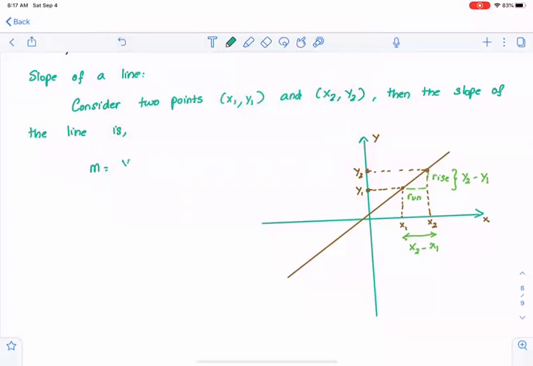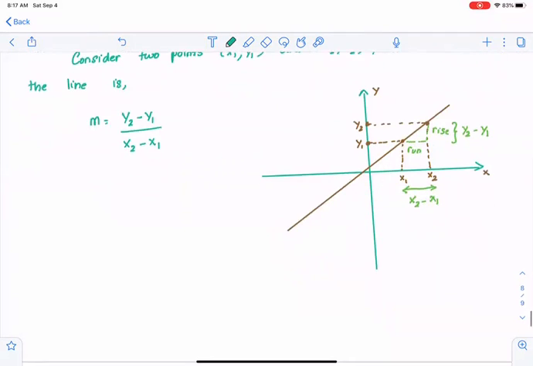So the formula naturally would be y2 minus y1 divided by x2 minus x1. And that is it. So if you understand the concept, you don't have to memorize the formula that I just wrote.